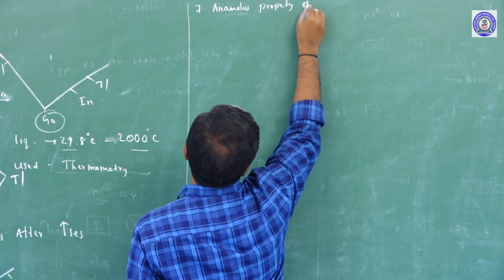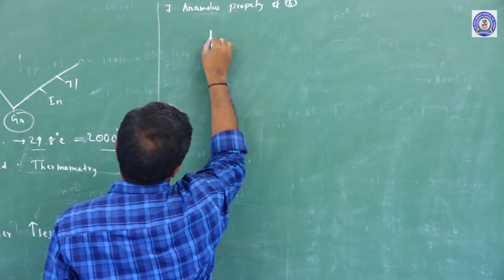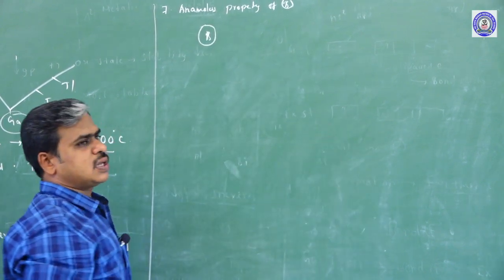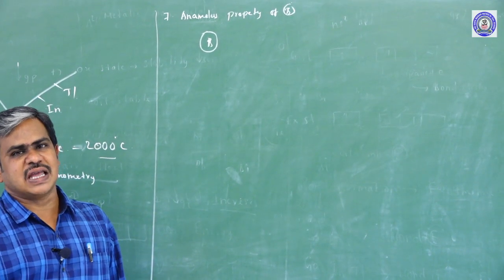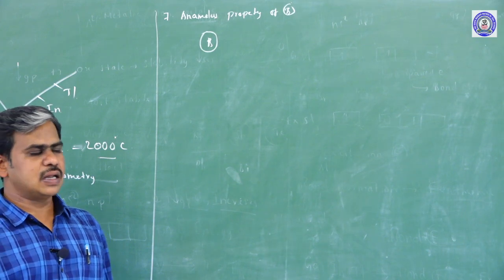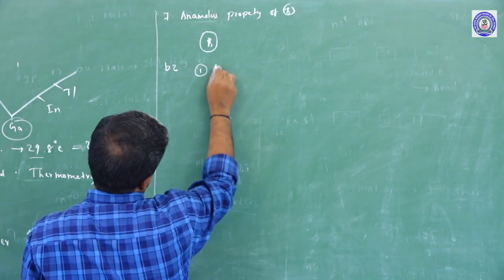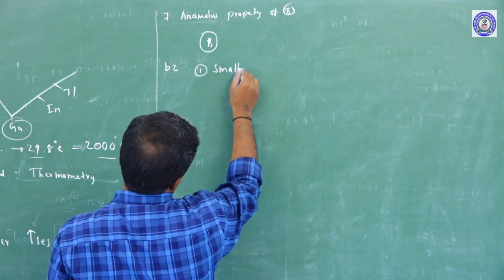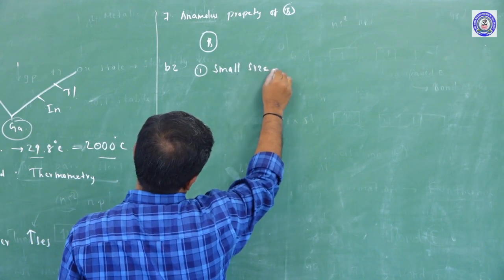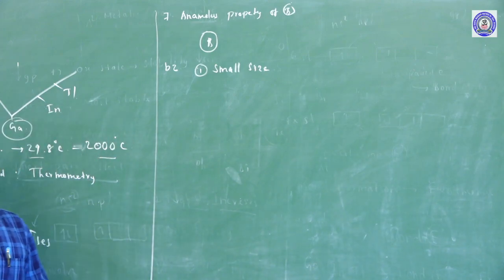Boron varies in all properties. The first head of the family varies in all those properties because it is smaller in size. The size of boron is very small.